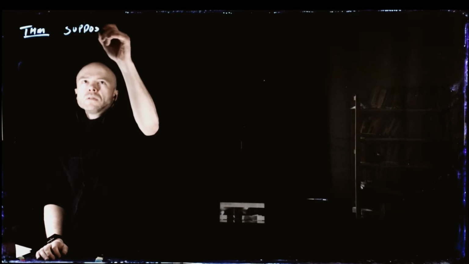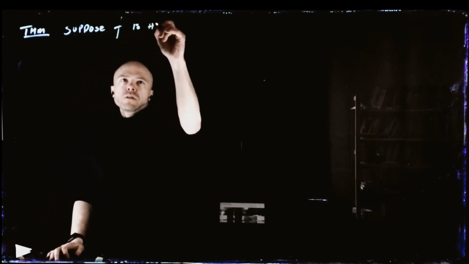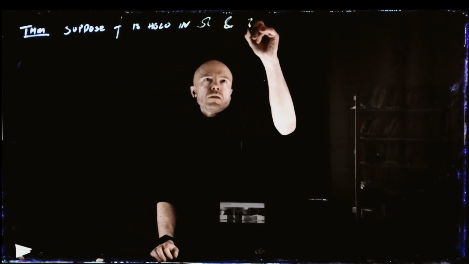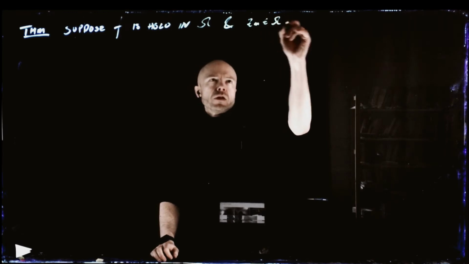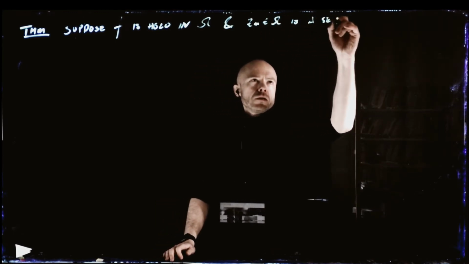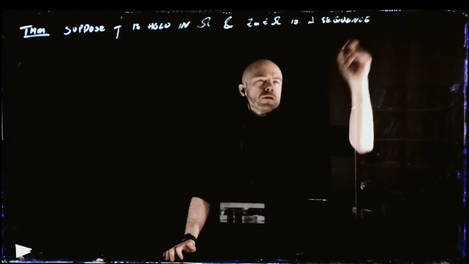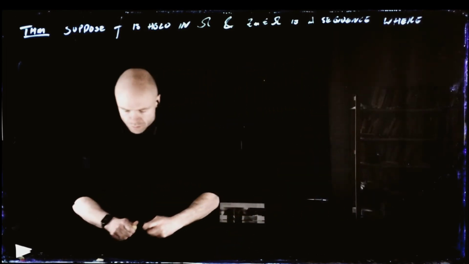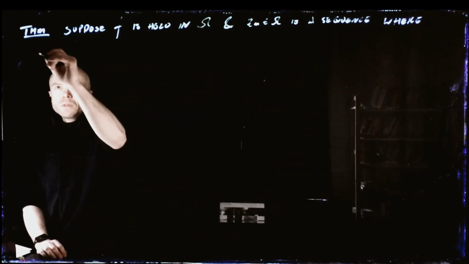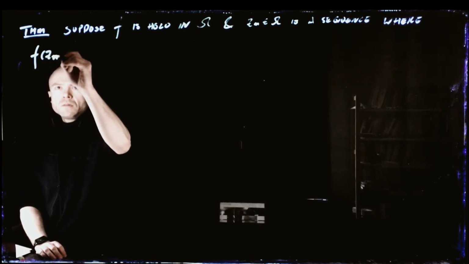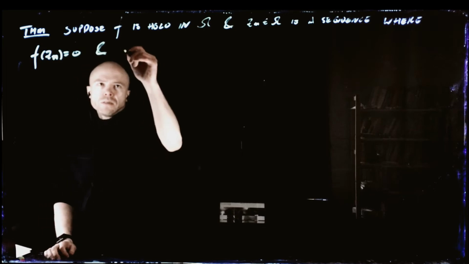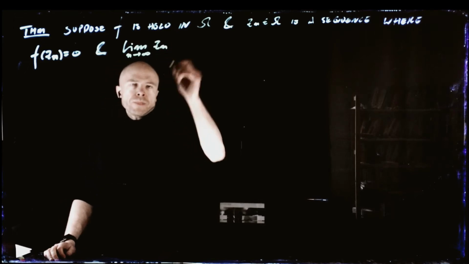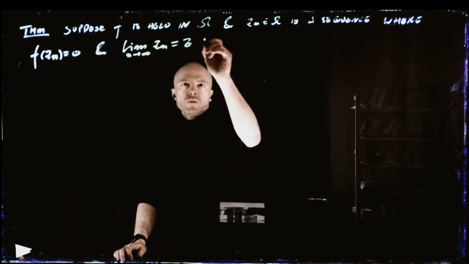Suppose f is holomorphic in some open set omega, and zn belonging to omega is a sequence where f of zn is equal to 0, and the limit as n goes to infinity of zn is equal to z, which also belongs to omega.